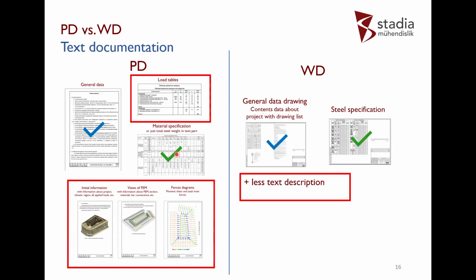Also, in working documentation, we don't need a calculation report, and we have less text description in general data than in project documentation. But let's say this text description contains more detailed information about procedure of construction, while here there is more general information about all project allocation.